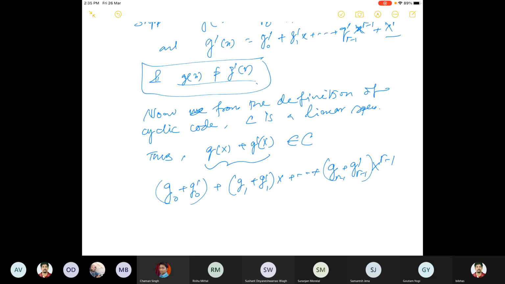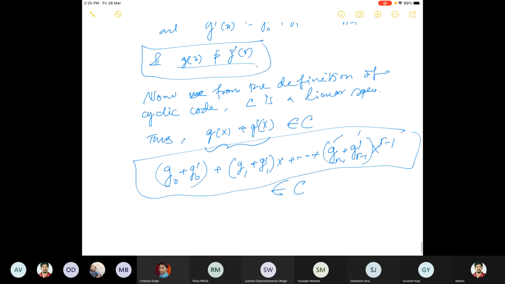But since this is a code, this has to be inside C, and this cannot have degree r. It has to be degree less than or equal to r minus 1, depending on what these values are. So we can say that r cannot be the minimum degree then.